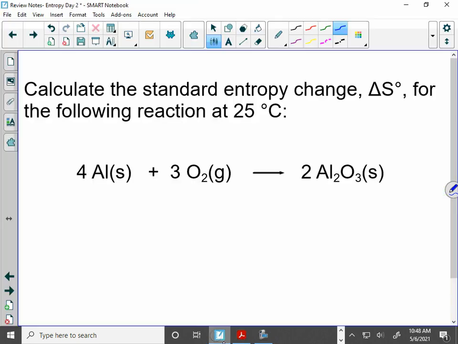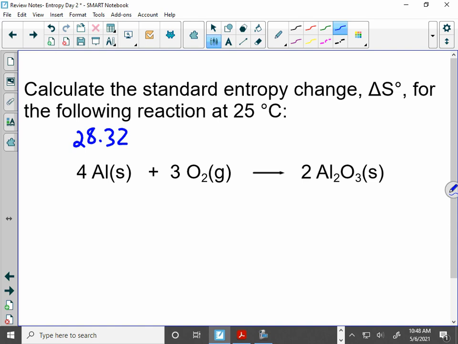So I come back and right here, I just write them. I said 28, didn't I? 28.32. So I write that above my aluminum. Does everybody understand where I got that value from?